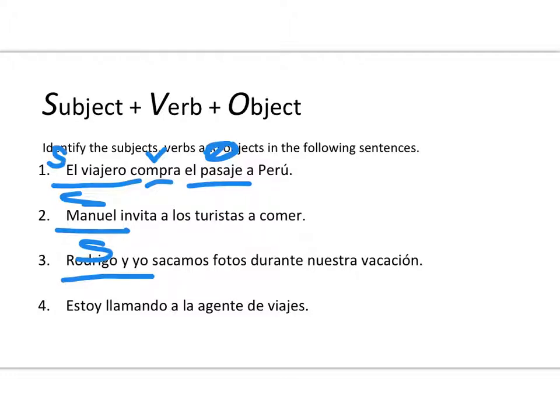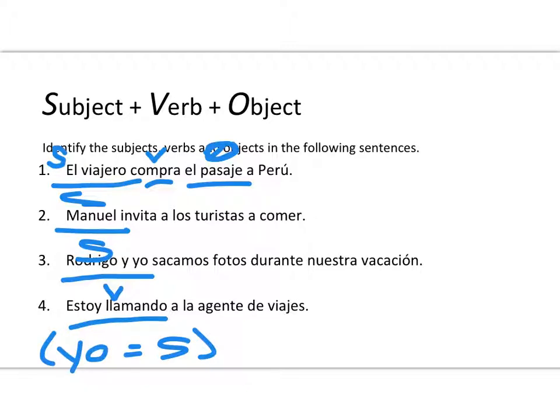Estoy llamando es el verbo, no? What is the subject for número 4? Who? Perdón. Who's the subject? Yo. Excelente. Yo. How do we know that? It's not written there. How do we know yo is our subject for número 4?